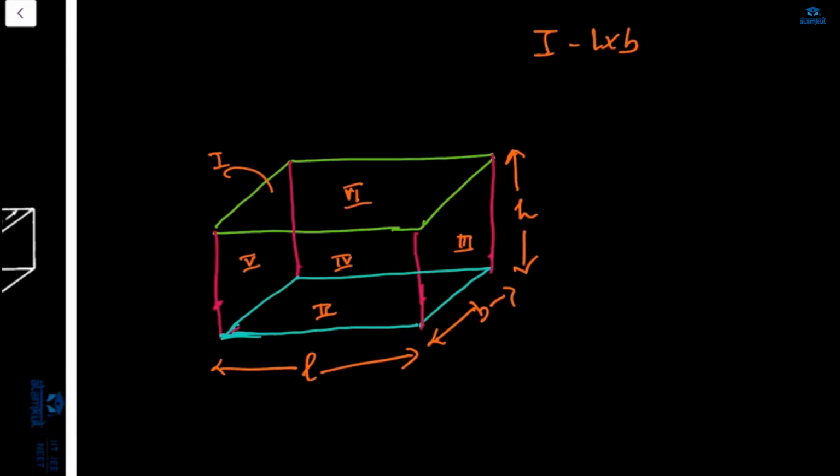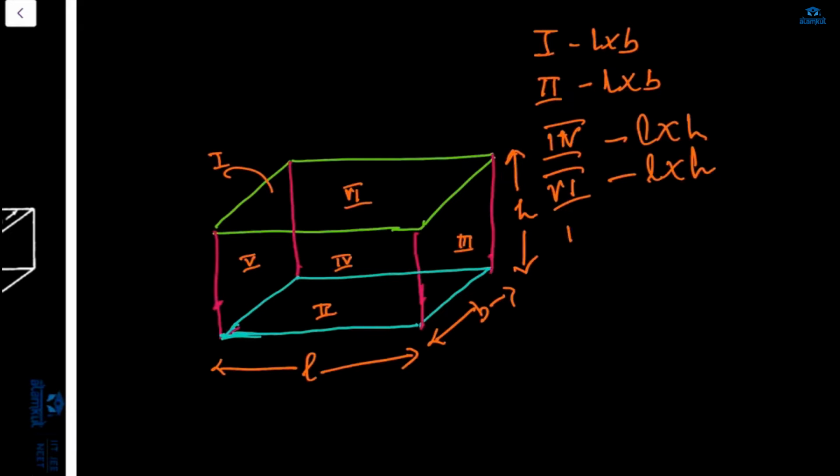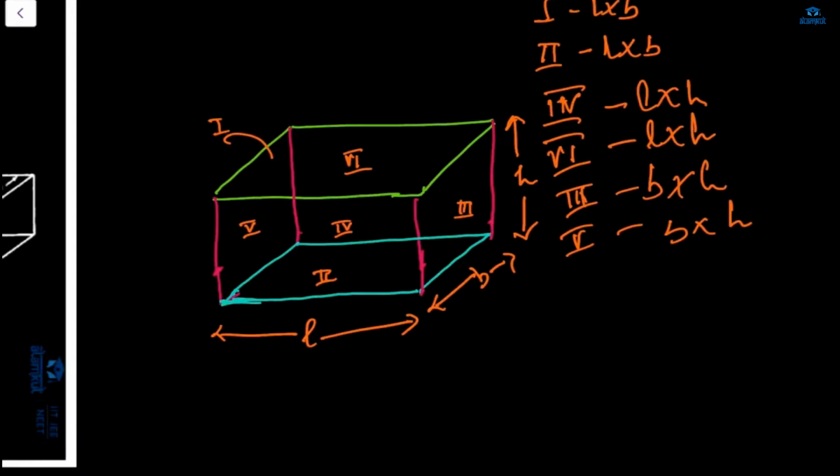If I'm talking about the four walls, the front wall and the back wall, which I mark as fourth and sixth, it will be length into height. And similarly, third and fifth will be breadth into height.